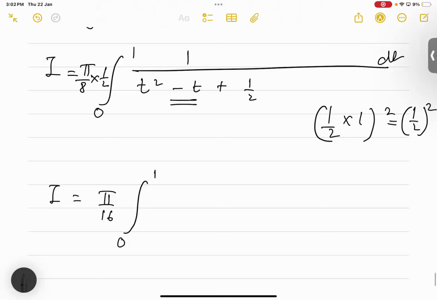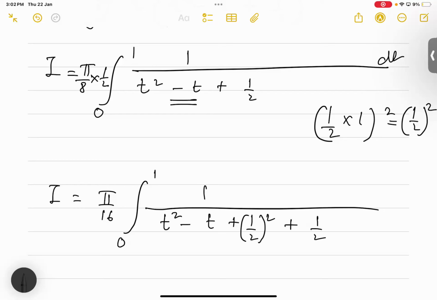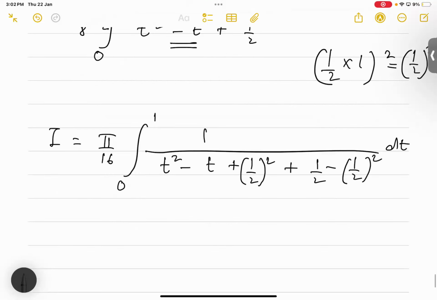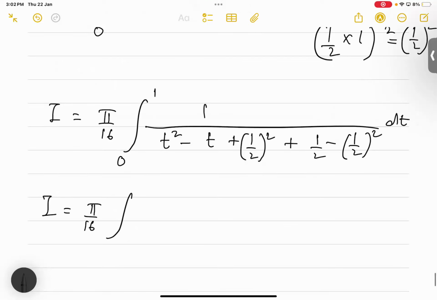This kind of problems you cannot give up in between. Of course, if you don't know, then you will have to. Minus t plus half square plus half minus half square, pi by 16.